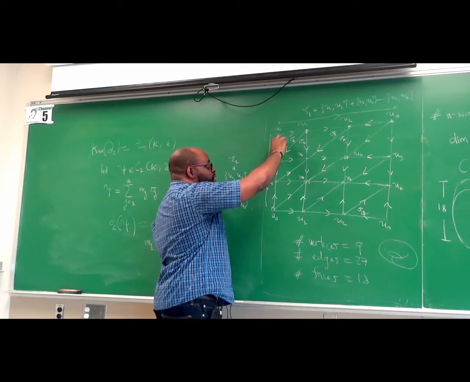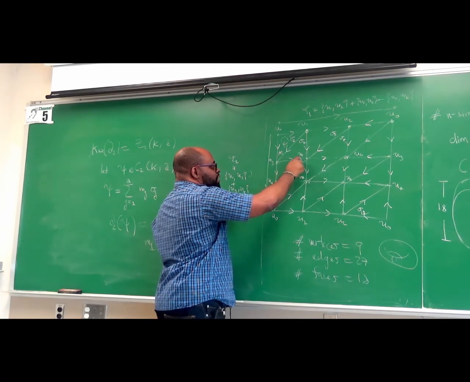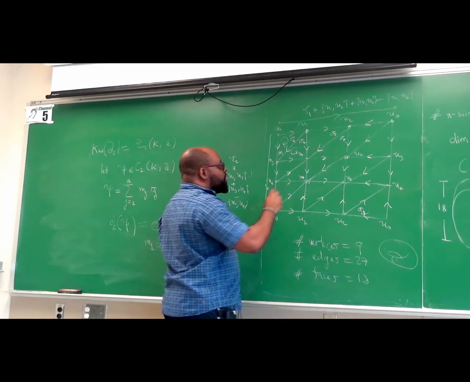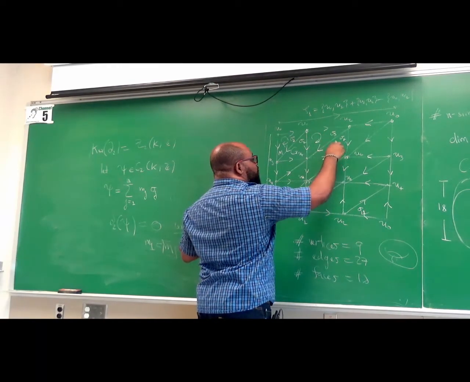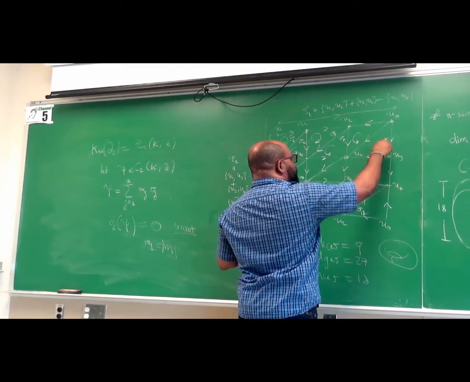So that gives you the orientation. If you have 2 consecutive arrows going the other way, like that, then the orientation goes like this. So I'm going to continue the orientation. This goes like that, and this goes like that. This goes like that, and like this.